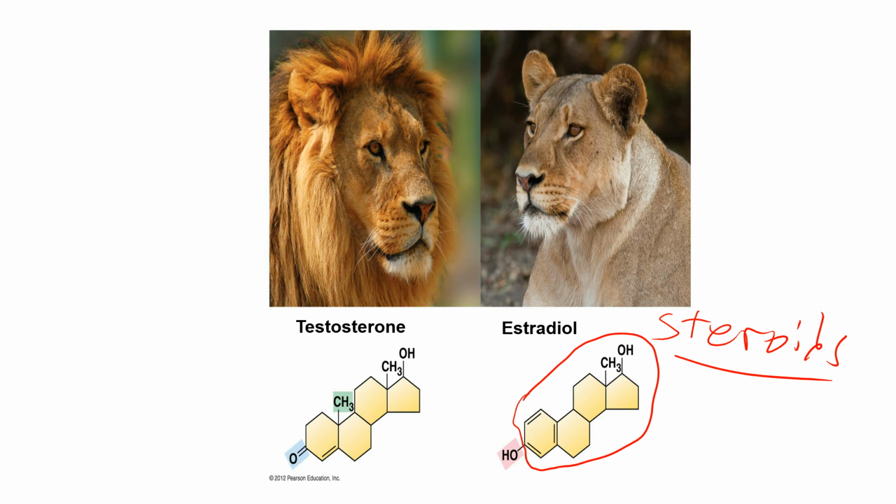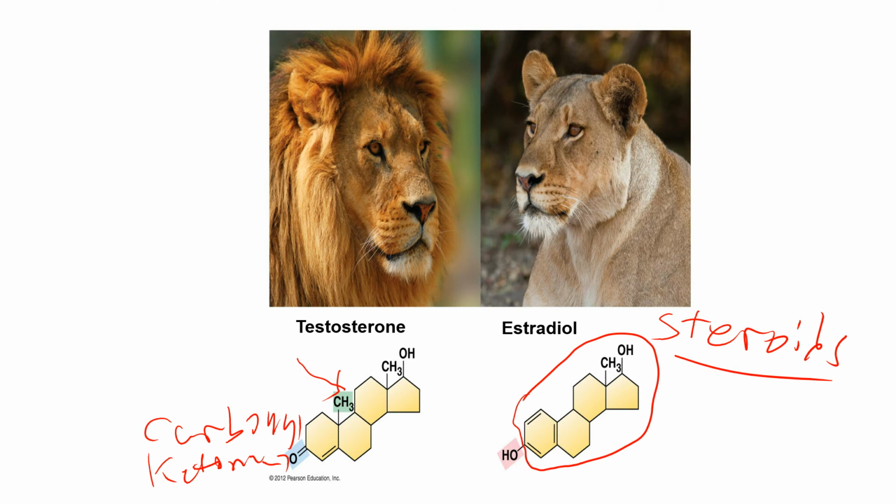Compare testosterone and estradiol; they look very similar. But why exactly are they different? What makes the two chemicals different from one another? Well, it's the functional groups they have. In testosterone, you have a methyl group, and you also have a carbonyl group, specifically a ketone right here.